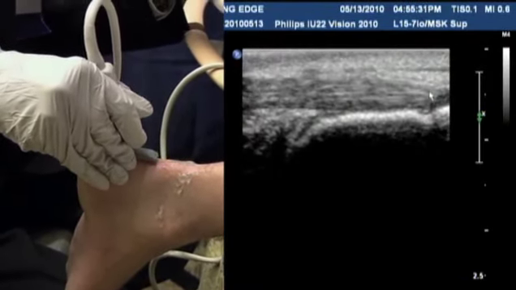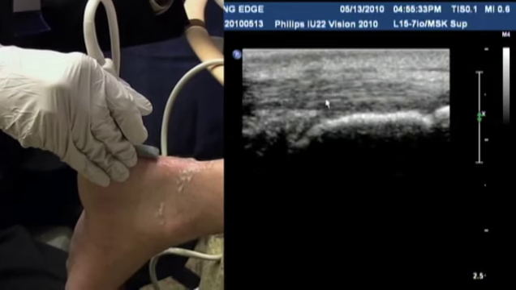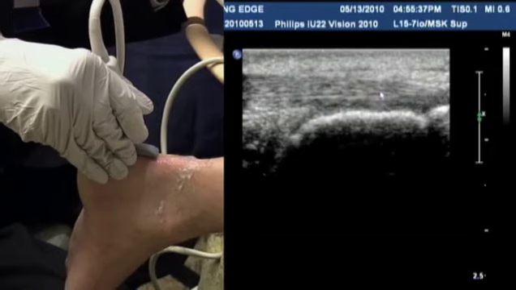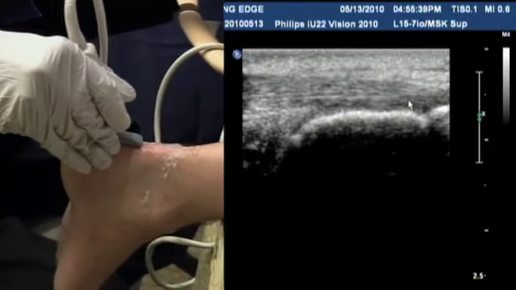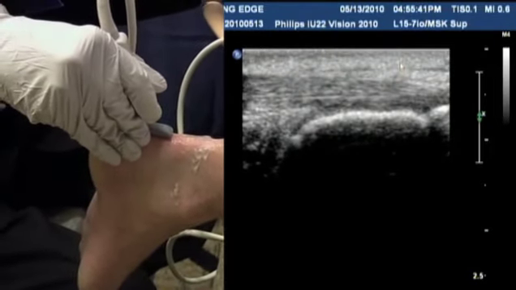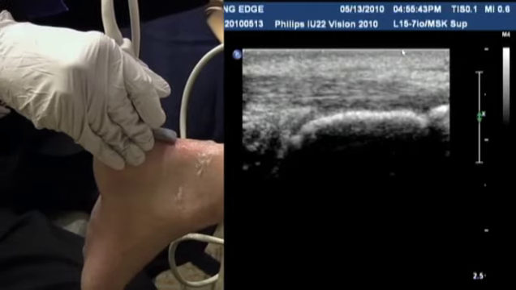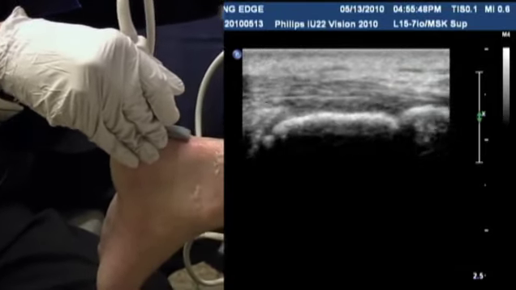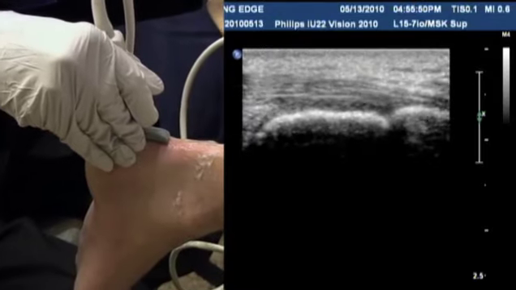Now when it inserts, a couple of things happen. One is the tendon gets very narrow, and the other is that at the insertion point the tendon starts to curve down. That means the tendon fibers are no longer perpendicular to the top part of the probe, so sometimes you will get an image where the tendon starts to look dark.